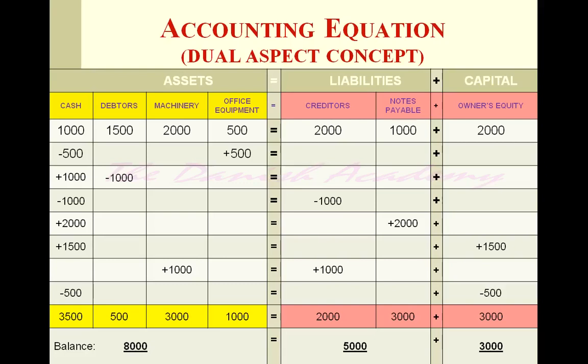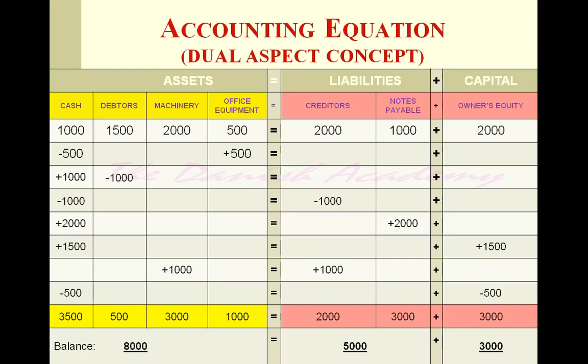Now as we total both sides, in assets, cash would become 3500, debtors 500, machinery 3000, office equipment 1000. It is a total of 8000. And on the liability side, it is 2000 to creditors and 3000 to notes payable, and owner's equity is 3000.